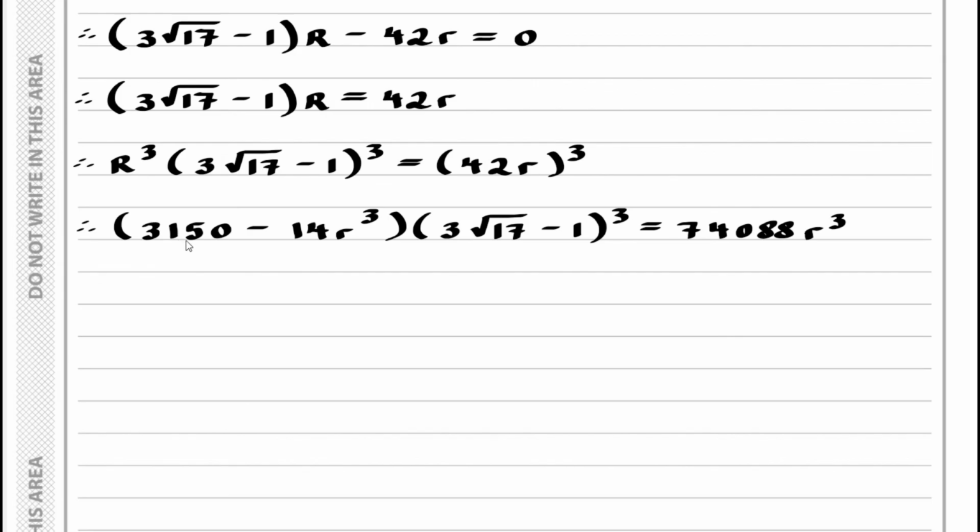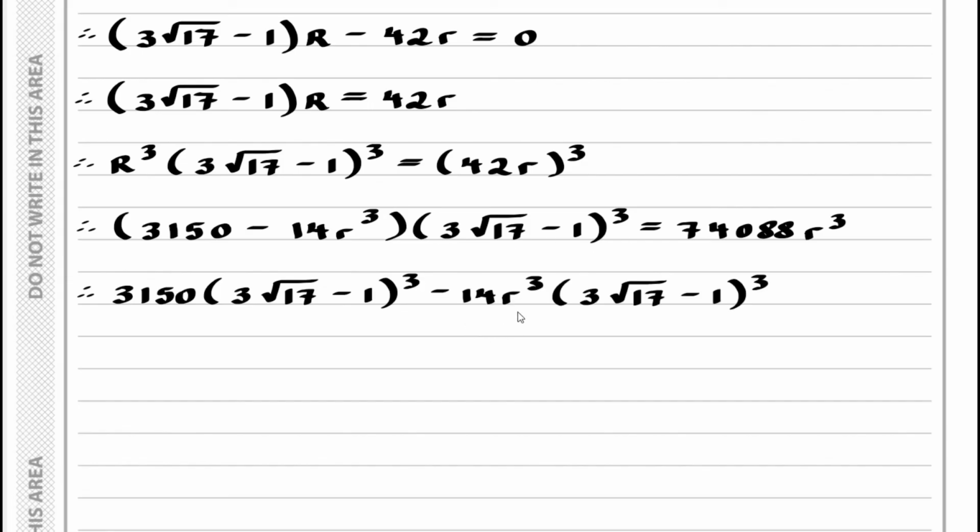So if I multiply the 3150 by this bracket, we end up with 3150 multiplied by (3 root 17 subtract 1) cubed, and if I multiply negative 14r cubed by this bracket, we end up with negative 14r cubed multiplied by (3 root 17 subtract 1) cubed, and this is equal to 74,088 r cubed.